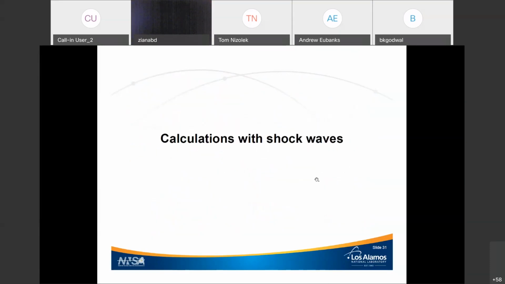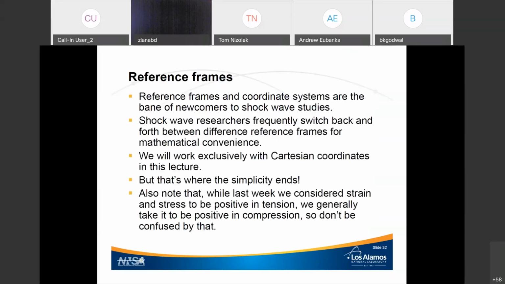Okay, now I wanted to talk about calculations involving shockwaves, and I wanted to do this for a reason. There are a lot of papers in the literature that are wrong because of mistakes people make in doing calculations with shockwaves. And the biggest problem people have has to do with reference frames and coordinate systems.